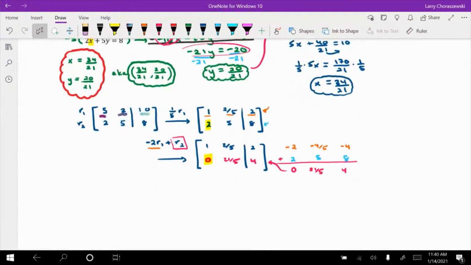The next thing that I want to do is turn this 21/5 into a 1. And one way that we could do this is by multiplying this second row by 5/21, which I'll indicate as 5/21 R2.